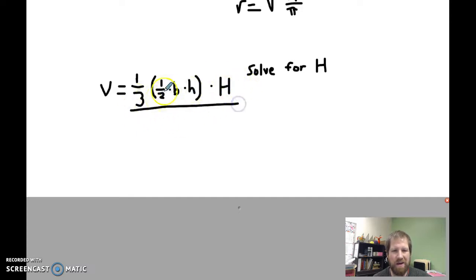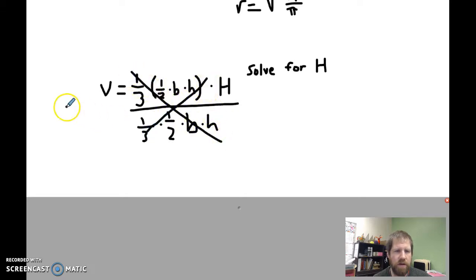I'm going to divide by everything here, right? I'm going to divide by 1/3 times 1/2 times base times height. All right, and that'll all cancel out. And over here I have volume over 1/3 times 1/2 times base times height.